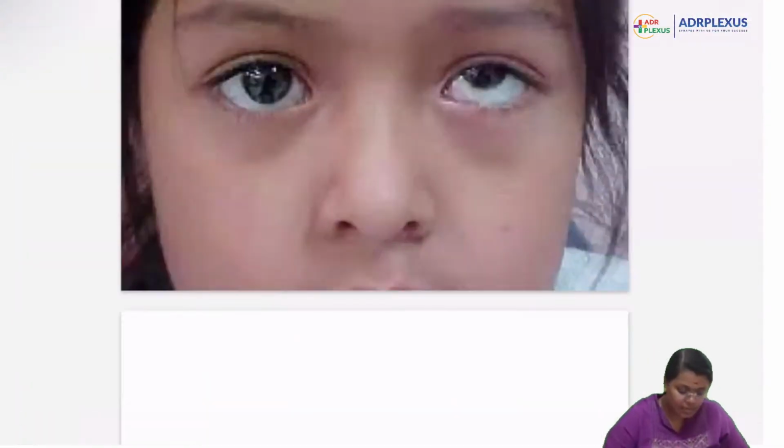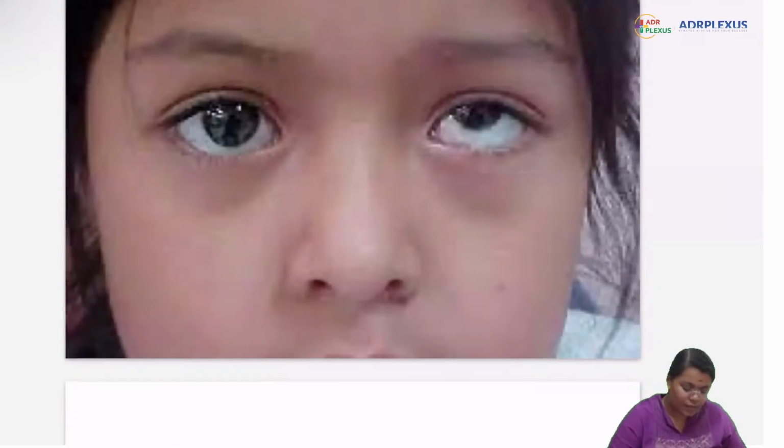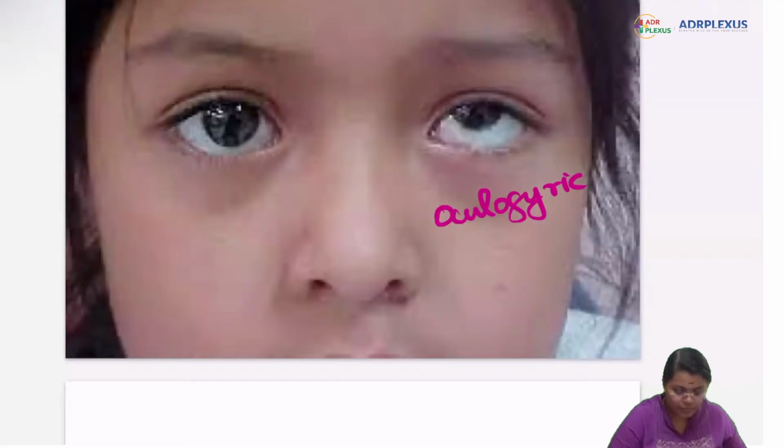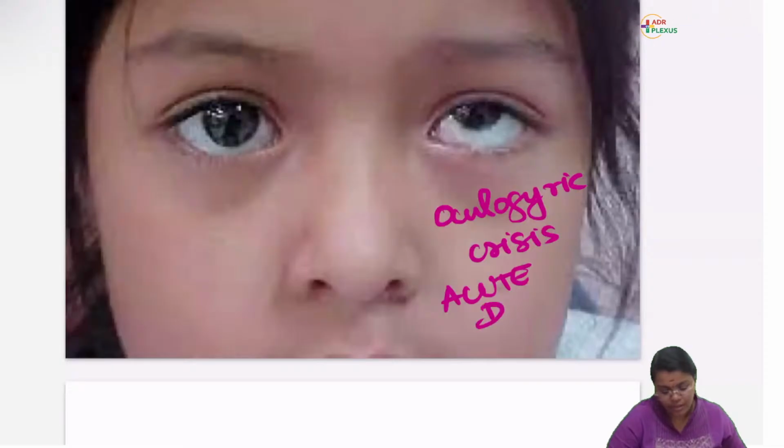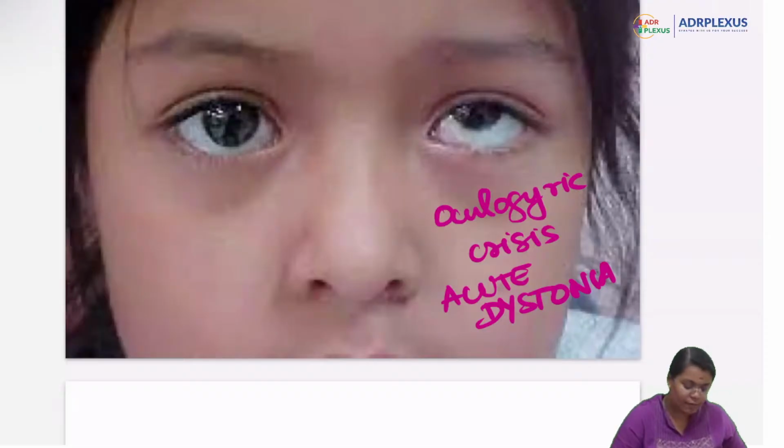So this is an image of oculogyric crisis, which is a type of acute dystonia. The eyeballs have moved up and stayed there.